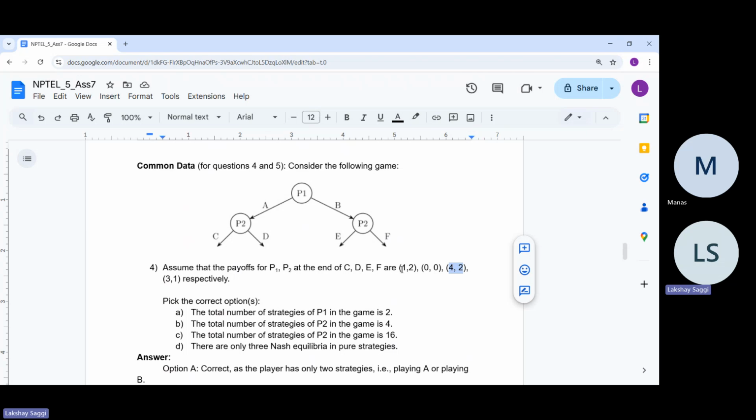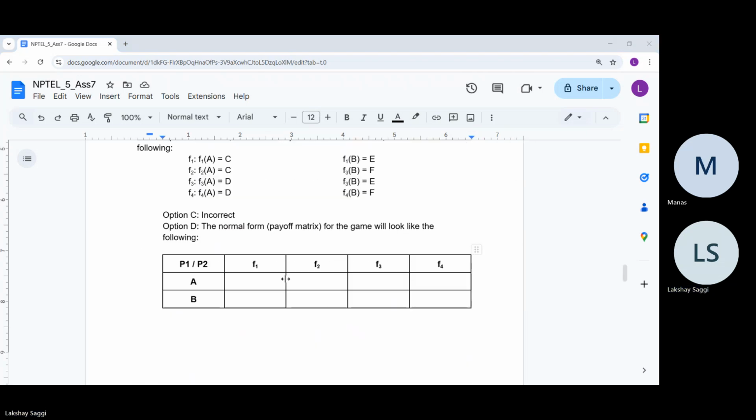But maybe this 1, 2 also can be a Nash equilibrium. I don't know, but it can be checked whether it is or not. I'm saying this because this two is also a maximum, so maybe player two won't have any incentive to switch, and maybe player one's choices are such that it won't have any incentive to switch either. Let's just see this in the normal form.